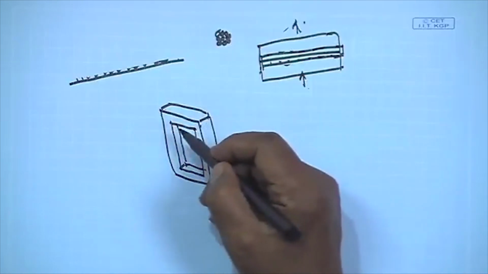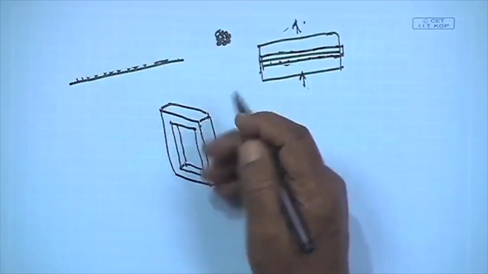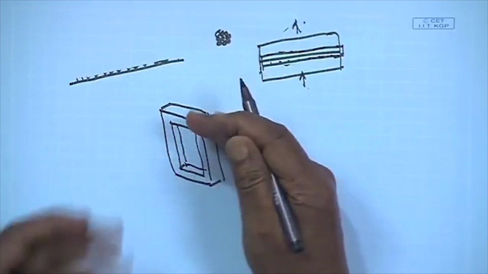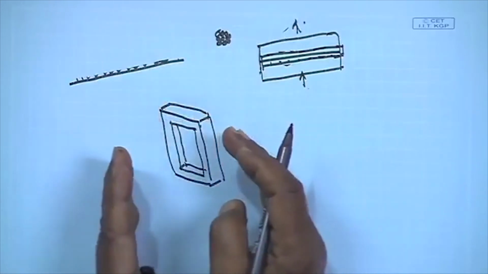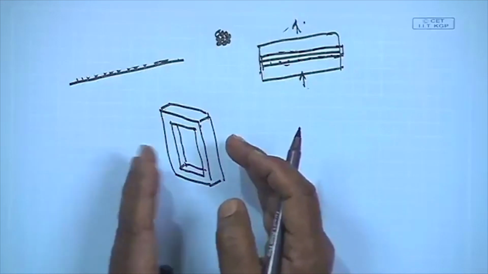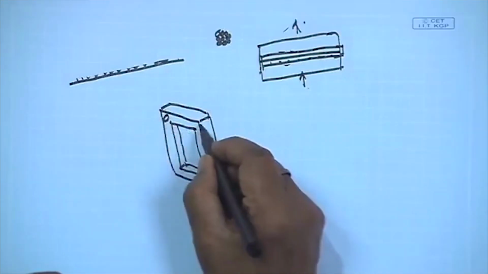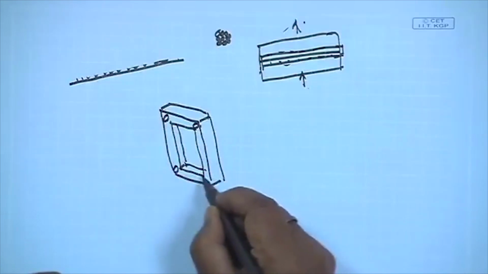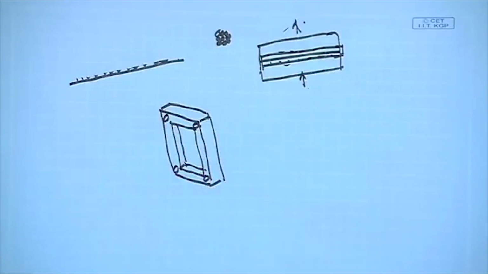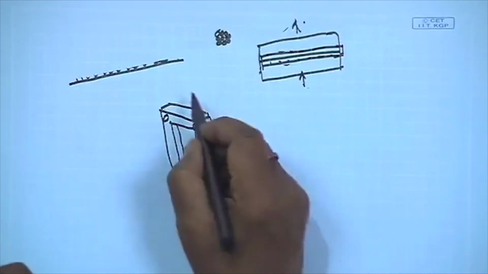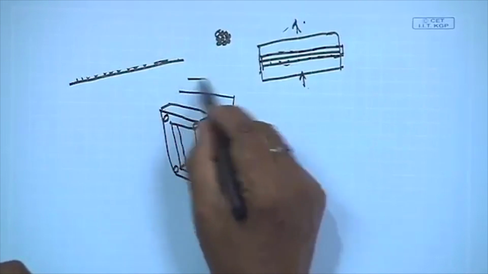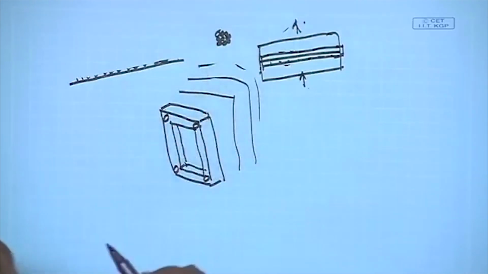So this is the frame that we have. What we do is wrap this frame with a thick cotton pad, and then we bunch a number of frames together. Because this is usually made of wood, we can easily make holes in it, and with the help of nut and bolt we can fix them all together. So we can bunch a number of such frames together.